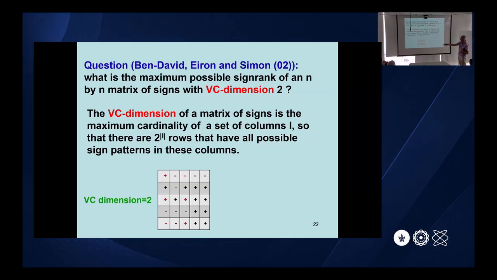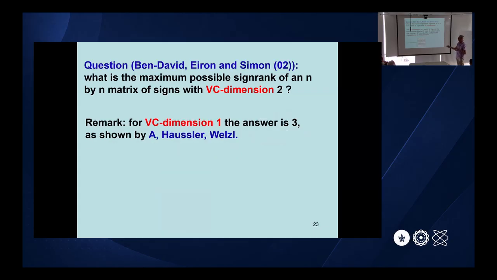So here in this example, the VC dimension is at least 2, because on the first and the third columns you get all 4 possibilities: plus plus, plus minus, minus minus, and minus plus. And of course, it cannot be 3, because for 3 we would need 8 rows, but we have here only 5. So the VC dimension here is 2, and if matrices have small VC dimension, they are simple.